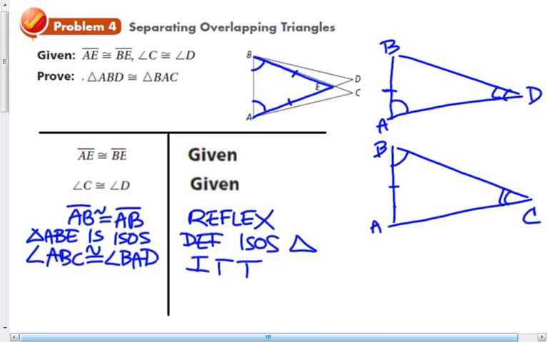And then from that, we have that angle, and we have another angle, angle C and angle D, and then the side AB. So by angle side, we have triangle ABD is congruent to triangle BAC.